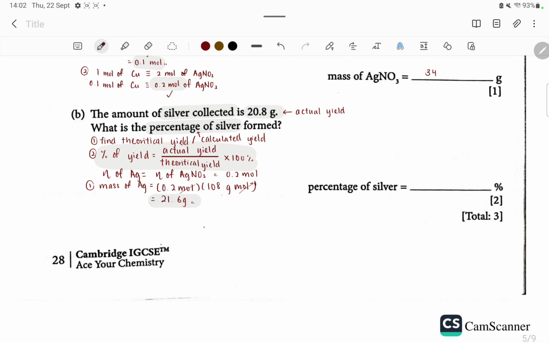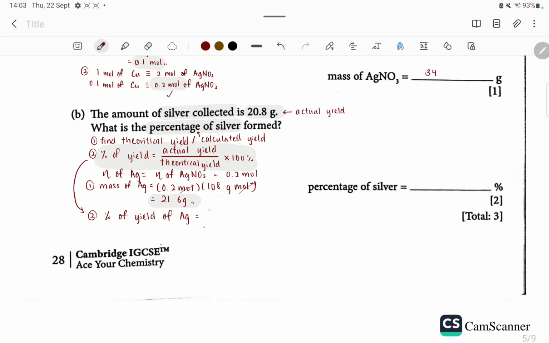And then after that, use this formula. So, percentage of yield of silver.